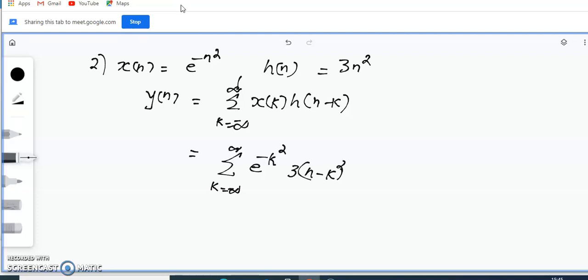So I can write the a minus b the whole square equation there. There is nothing else to solve, so if there is nothing else to solve, you write whatever you know. So it is e raised to minus k square into 3 into, I will take the 3 inside: 3n square minus 2ab, that is 6nk, plus b square, that is 3k square.